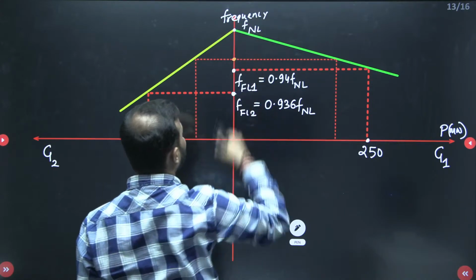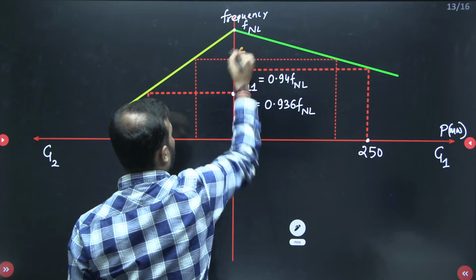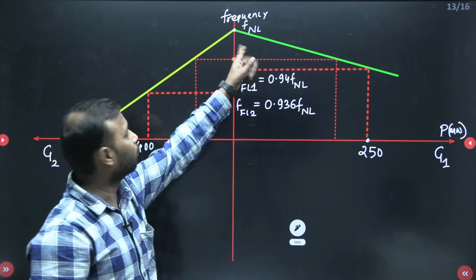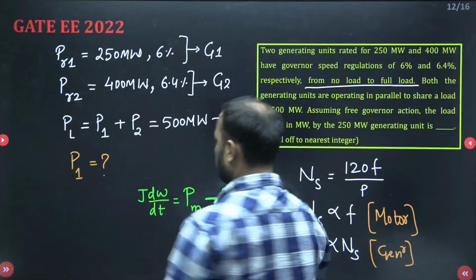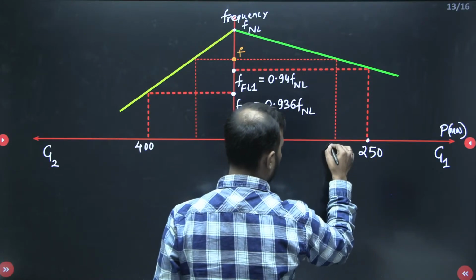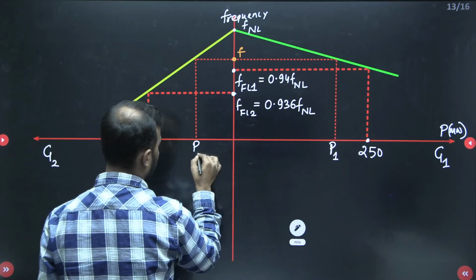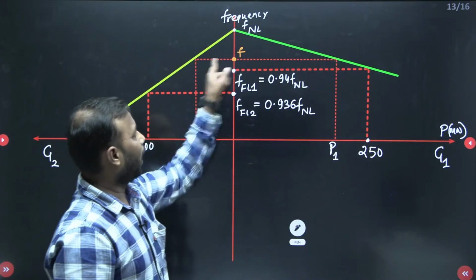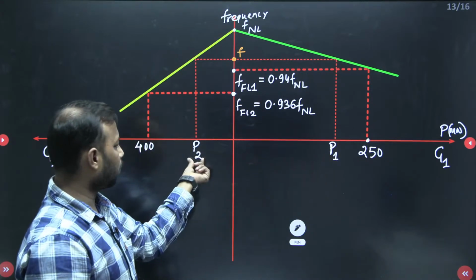Let me take this particular frequency as F. In this frequency, the load is supplied. So what we have taken is P1 and P2. This is P1 and this is your P2. At this frequency, generator 1 supplies this power and generator 2 supplies this power.